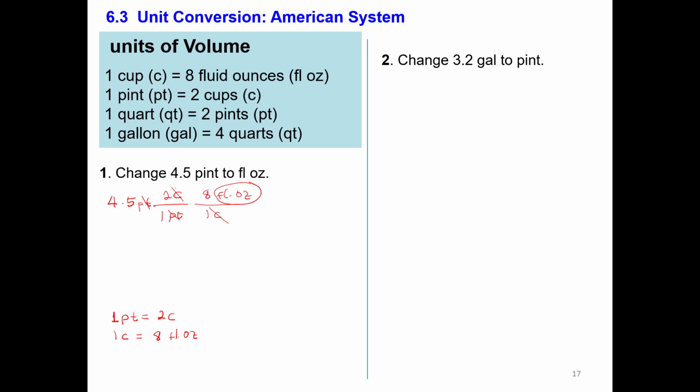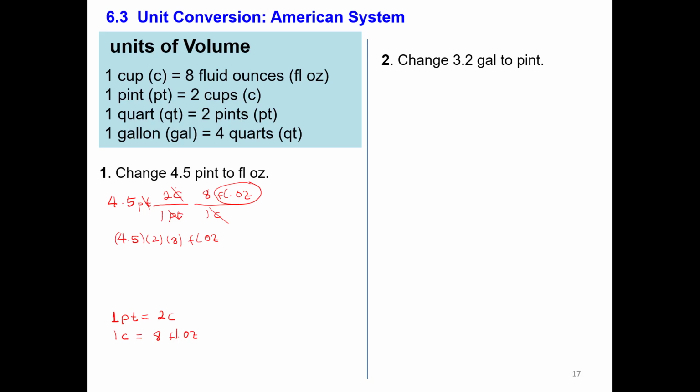Let's see what we have on top. We have 4.5 times 2 times 8 fluid ounces. We have 1 times 1 in the denominator, so we don't need to write it. We have just 1.